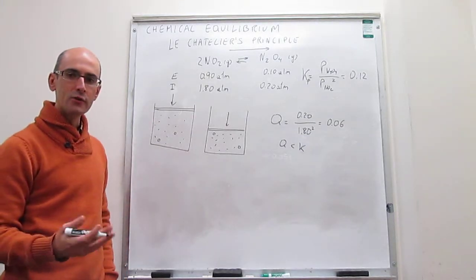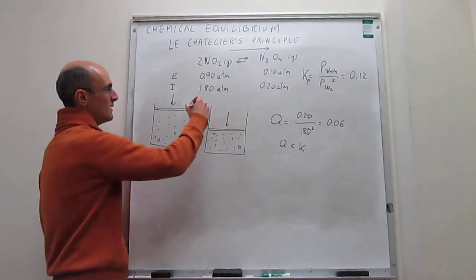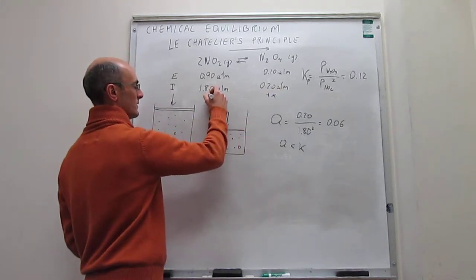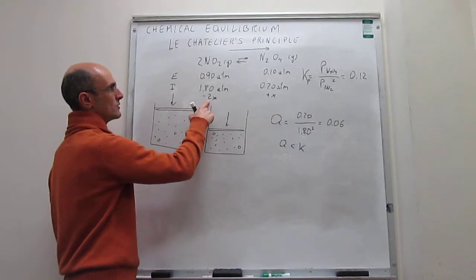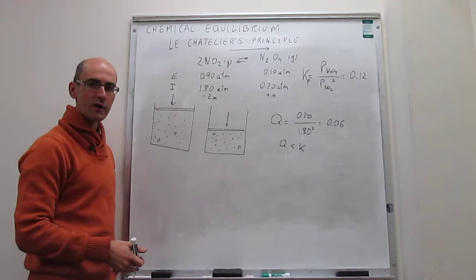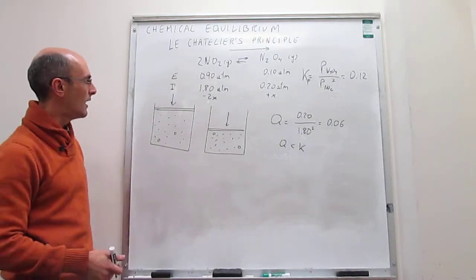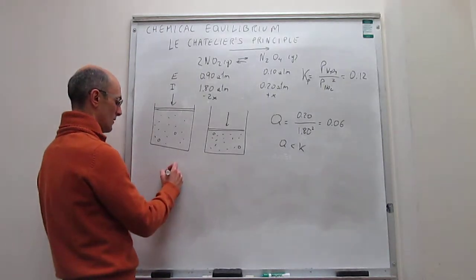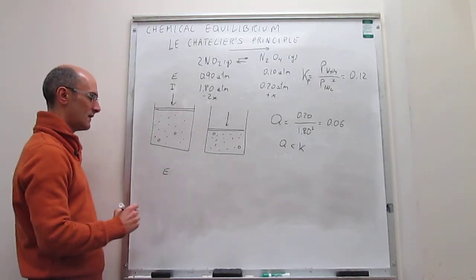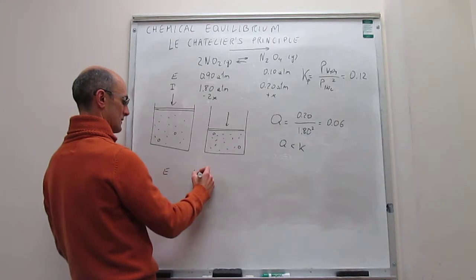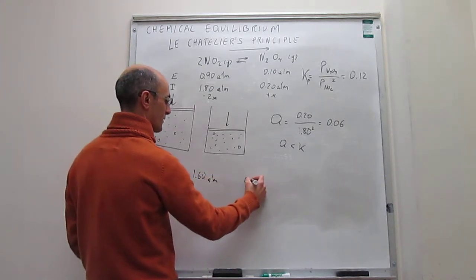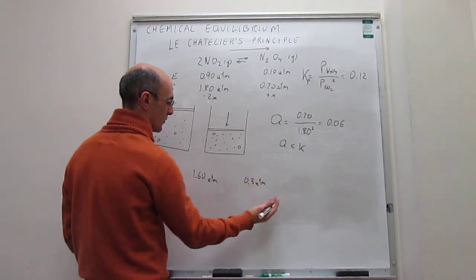Then you can set up here your ICE diagram, and then that would mean that this has to grow, this has to decrease. Notice that we have here a -2 because the stoichiometric coefficients are 2 and 1, and then you can carry out the calculation and predict how this is going to end up. So the equilibrium calculations tell you that at the end, this is going to be 1.6 atm and then 0.30 atm, more or less.